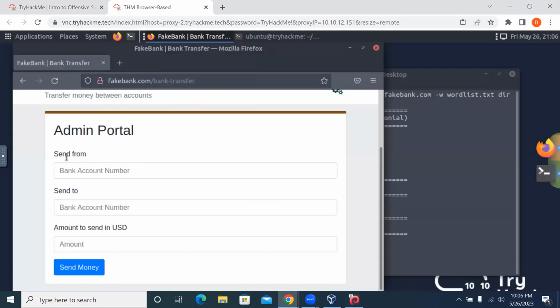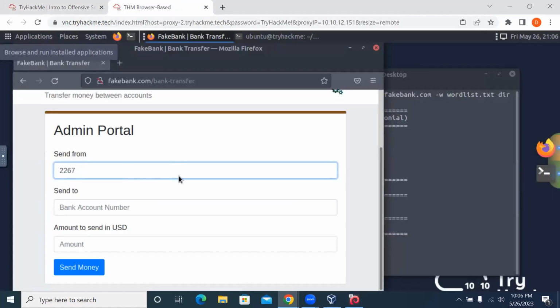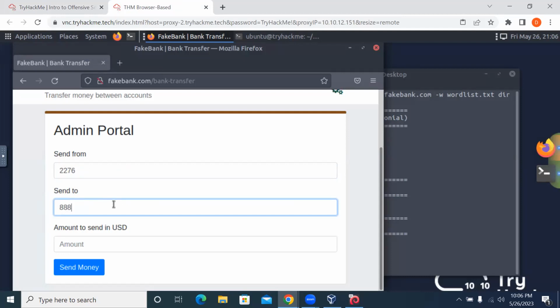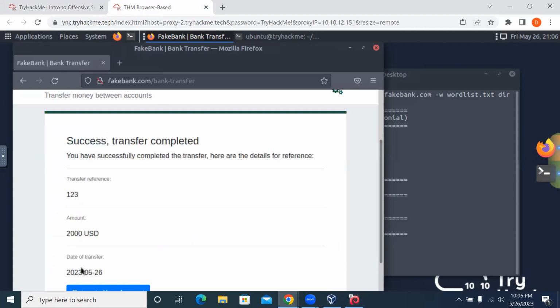So the bank account you are sending from is 2276, right? And the account you are sending to is 8881, right? And they say you should send $2,000, right? So let's do that. So we send this money, $2,000.